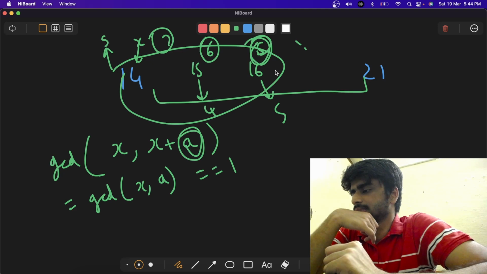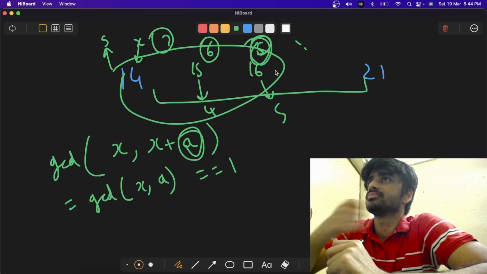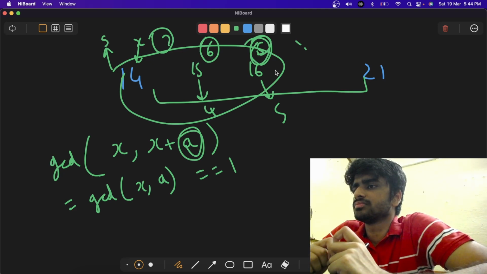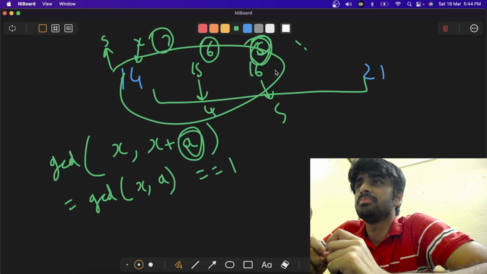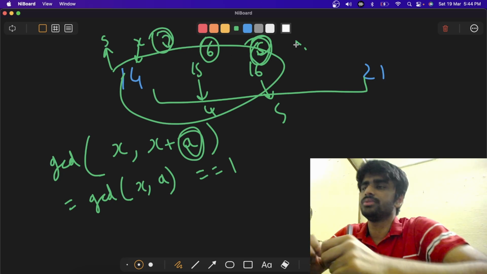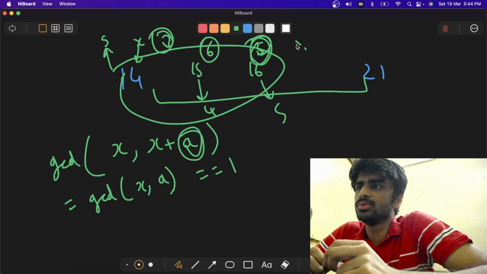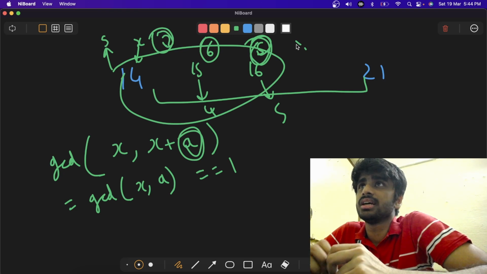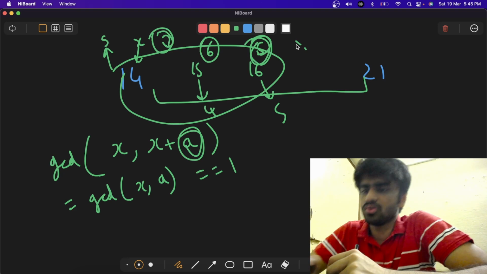What I think is maybe if we keep decreasing like this, whatever these values are, 7, 6, 5, 4, 3, 2, 1, very soon we will just find a prime number. And prime numbers are very likely to be co-prime to something.